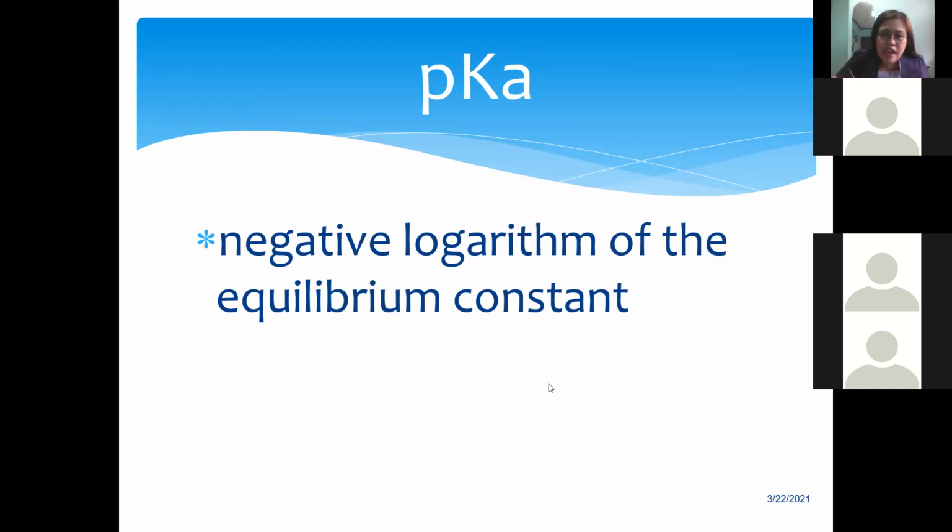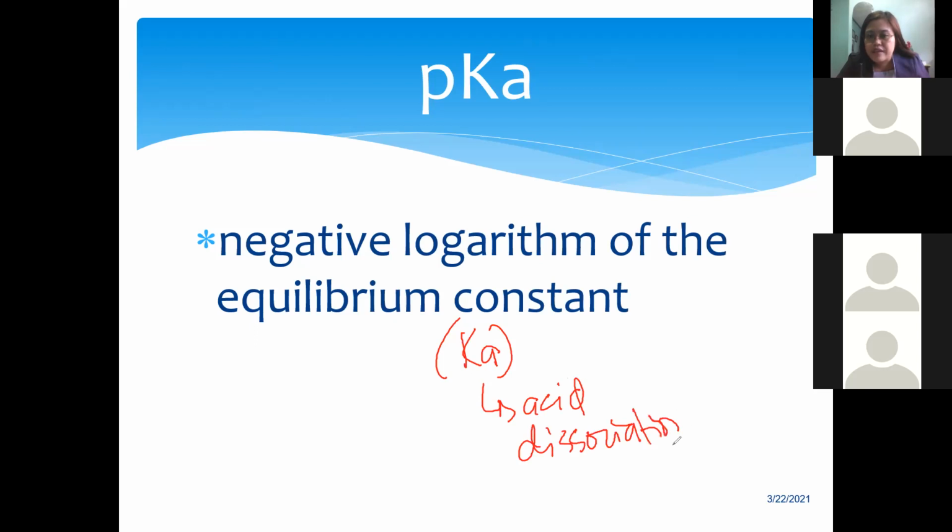So when you say equilibrium constant, it's actually talking about the Ka. So this is, remember, the acid dissociation constant. So pag maingon kag pKa, negative logarithm of our acid dissociation constant.